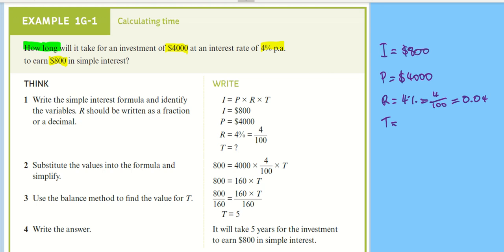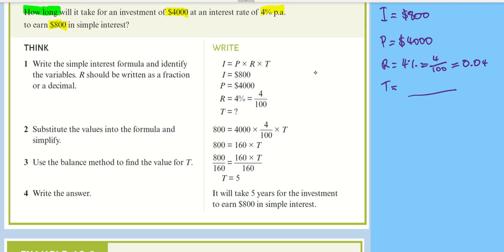Now we know that it's asking for time, so we need to consider this formula. I equals P R, oops, I'm about to write the R instead of the P. So P R T. Now, what I would like to consider is, how do we get from this formula here to finding out what just time equals?